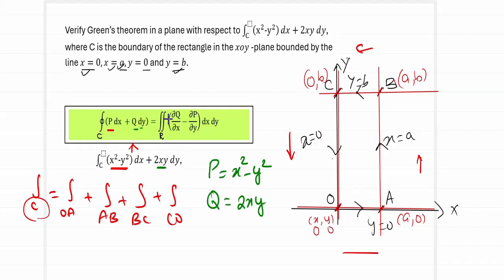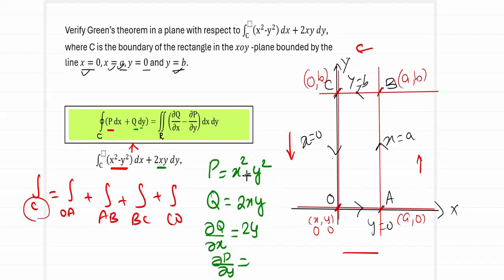What does my right hand side require now? ∂Q/∂x. So what will be ∂Q/∂x? Differentiate Q partially with respect to x. So when we differentiate, the answer is going to be 2y, since y is a constant and x on differentiation is 1. Now next let us differentiate ∂P with respect to ∂y.